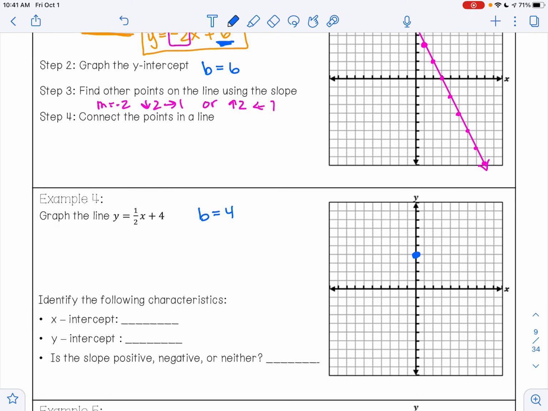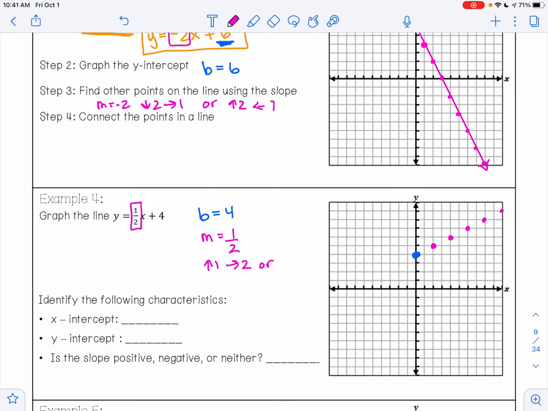My slope is 1/2. Because remember, your slope is that number in front of x. So that means that I'm going to go up 1 to the right 2. So from my y-intercept, up 1, right 2. Up 1, right 2. And I am going to do that the whole way up my graph.